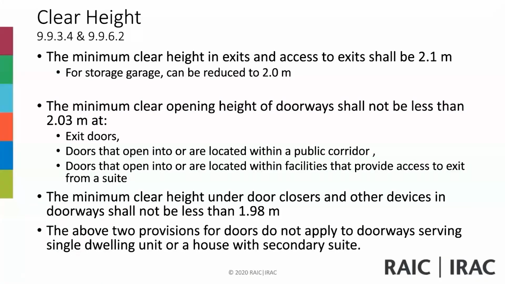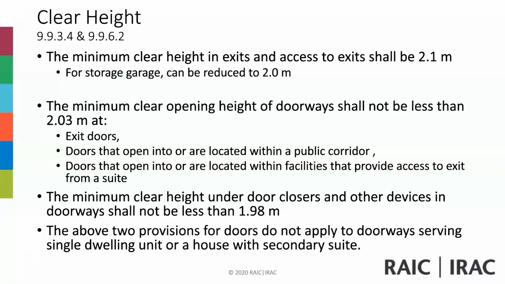The minimum clear heights of exits and access to exits shall be 2.1 meters, and for a storage garage this can be reduced to 2 meters. This is in 9.9.3.4 and 9.9.6.2. The minimum clear opening height of doorways shall be not less than 2.03 meters at exit doors, doors that open into or are located in public corridors, and doors that open into or are located within facilities that provide access to exits from a suite.